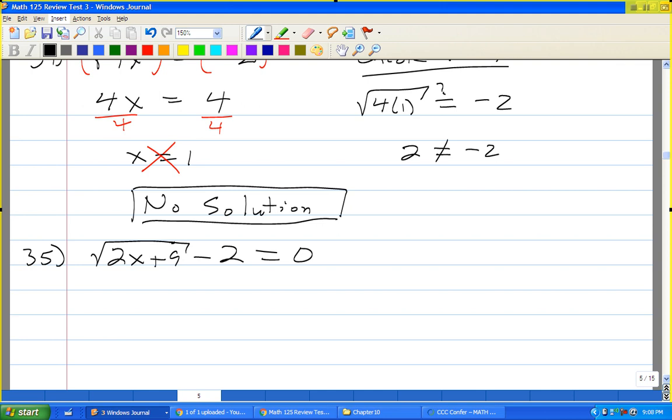Okay, first let's isolate the radical on one side of my equation.